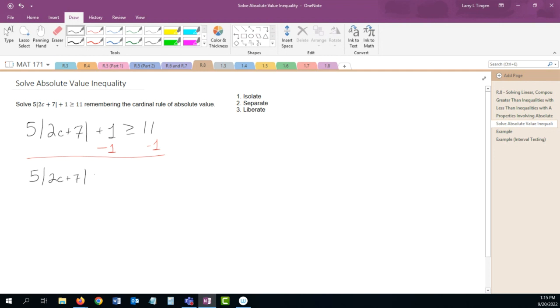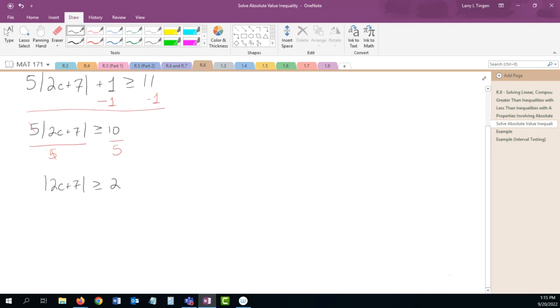Everything with the absolute value on one side, everything without on the other. 11 minus 1 is 10. I told you you can't do any math on what's inside the absolute value, but you can divide something on the outside. The 5s divide away, leaving 1s, and then the 10 and the 5 reduce to 2. So I've got the absolute value of 2c plus 7 is greater than or equal to 2.